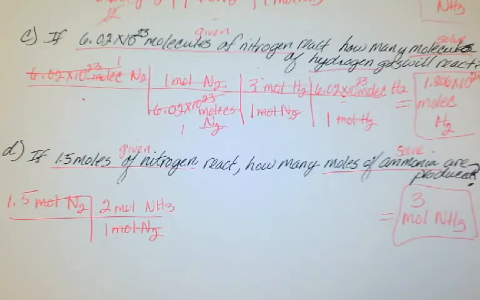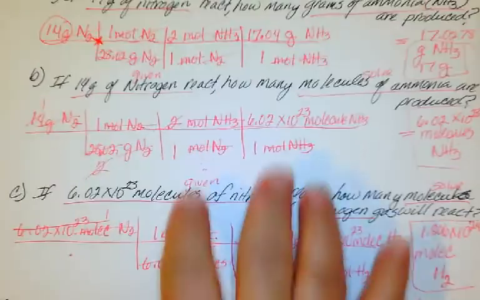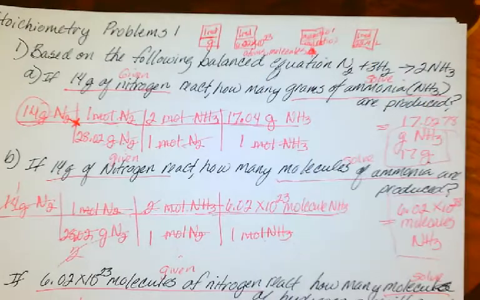So 3 moles of NH3 is the final answer. Hope this helps. And regardless of the problem, you can always use the 4 tools to solve any stoichiometry problem. Have a great day.